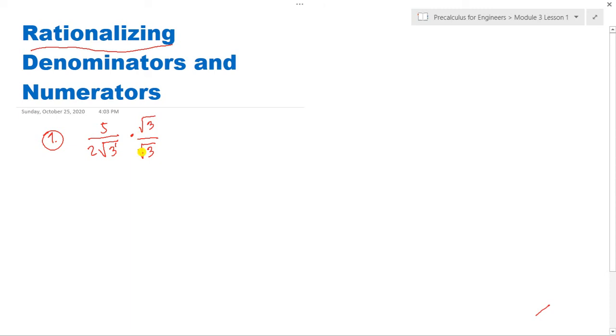So that's it, class. By the rule of multiplication, multiply the numerators, then the denominators. So we have 5 square root of 3 all over 2 times square root of 3 times 3, which is equal to 5 square root of 3 all over 2 times square root of 3 squared.